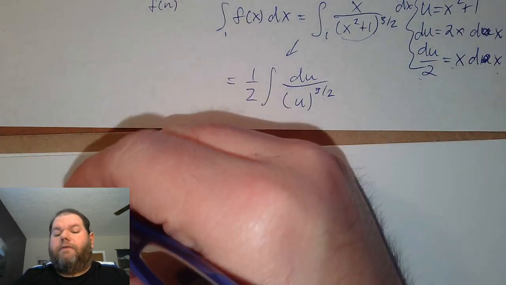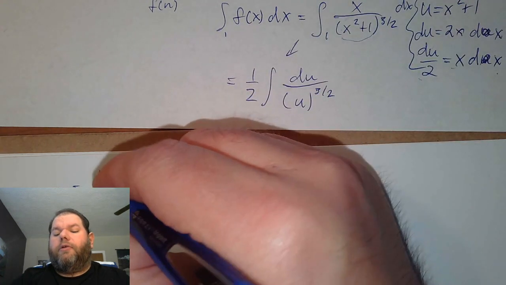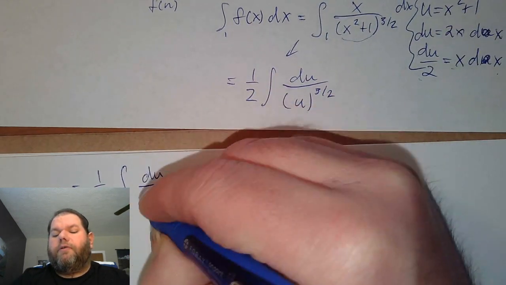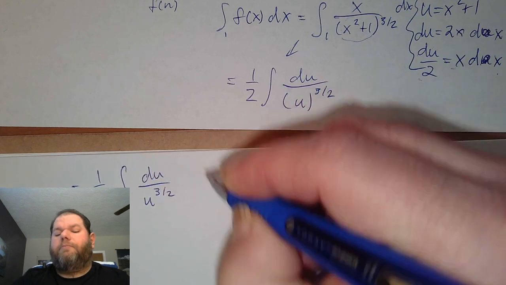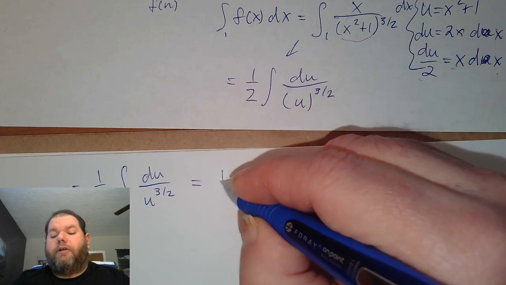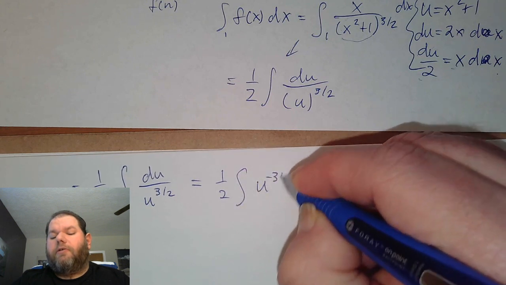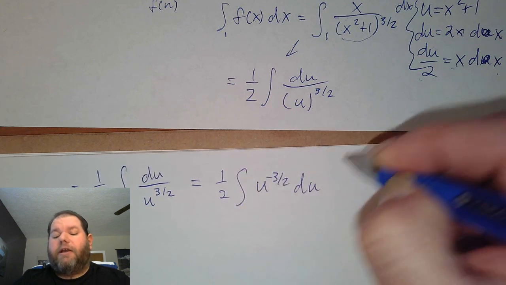So we have 1/2 times the integral du over u to the 3 halves. Now, the way that we would like to integrate that is we can bring that u up to the numerator, so it's to the negative 3 halves.